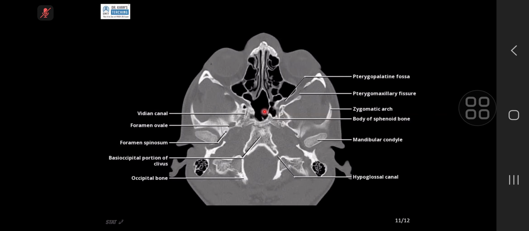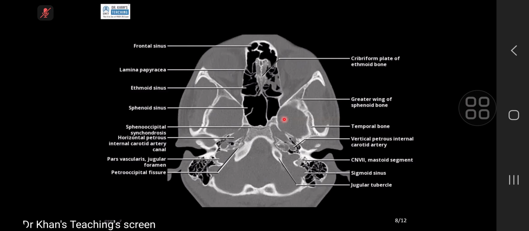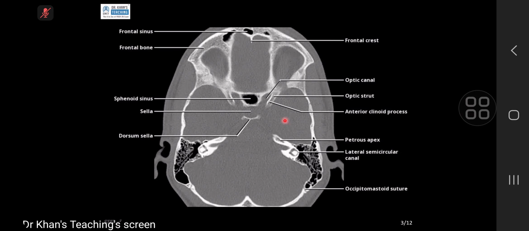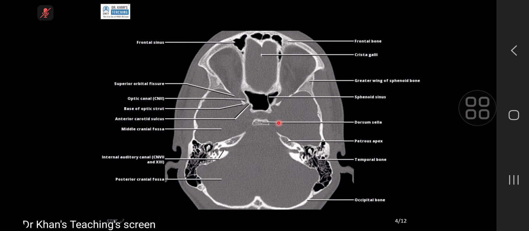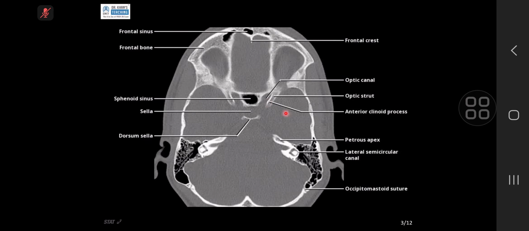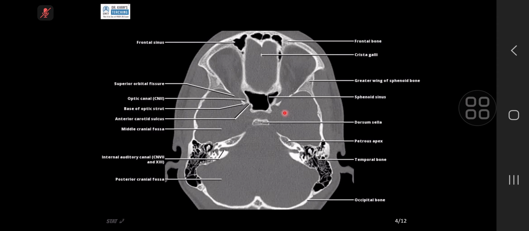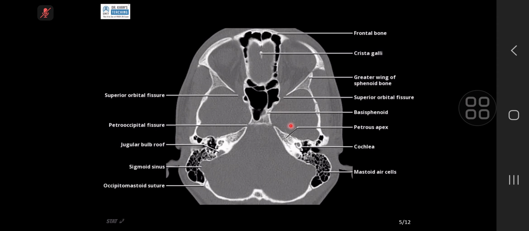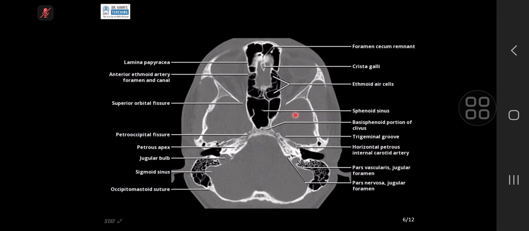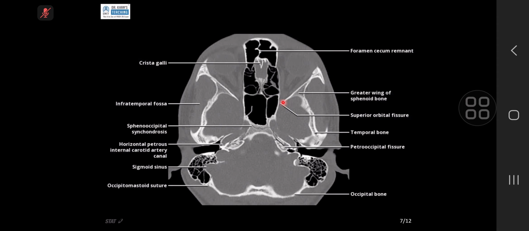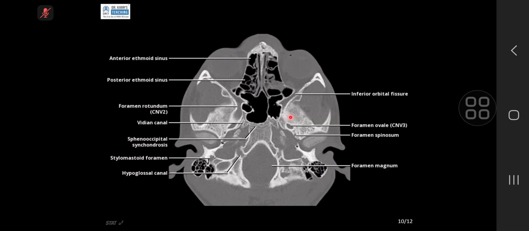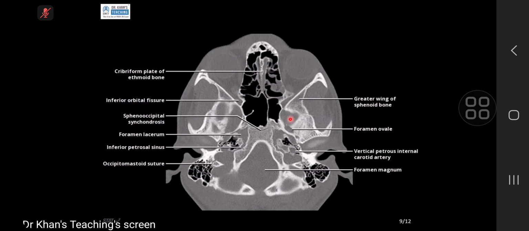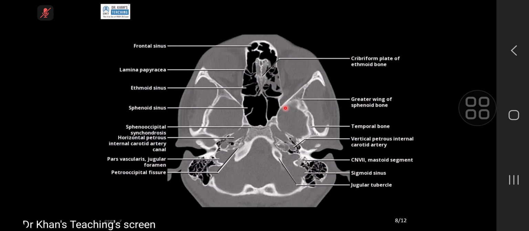Now, let's see the foramina around the sphenoid sinuses. So superiorly, the optic foramen, slightly more inferiorly the superior orbital fissure, slightly further inferiorly will be our friend the foramen rotundum, and then posteriorly.